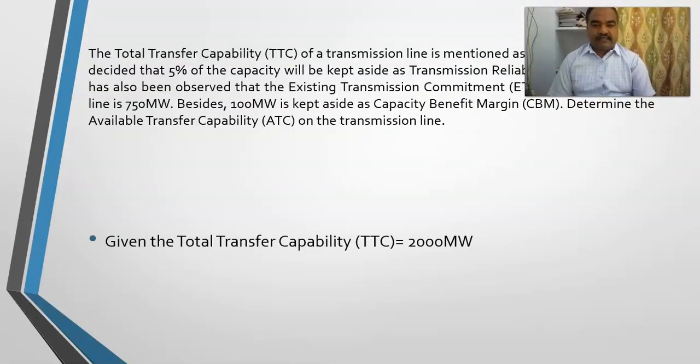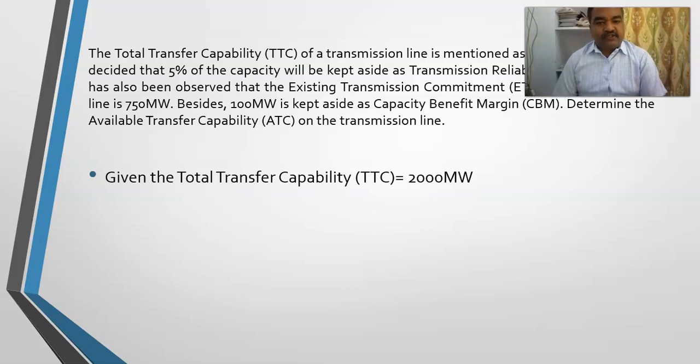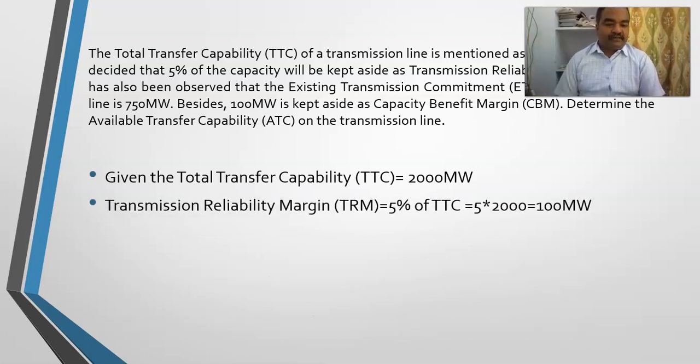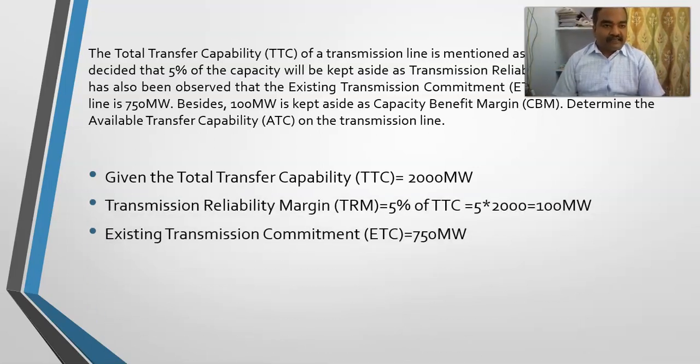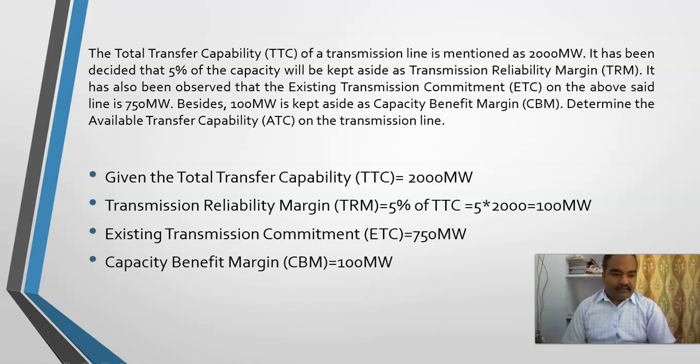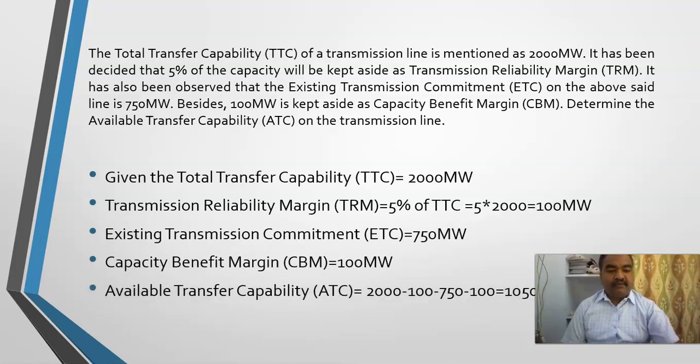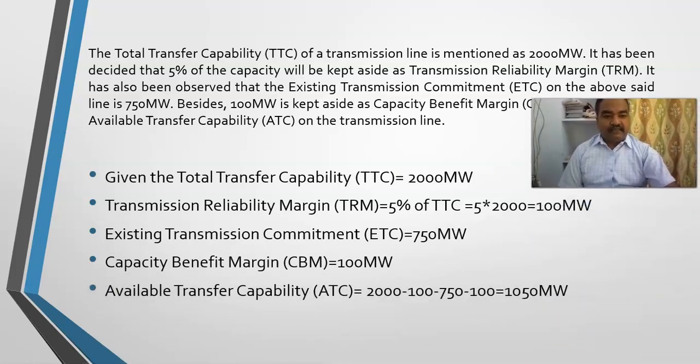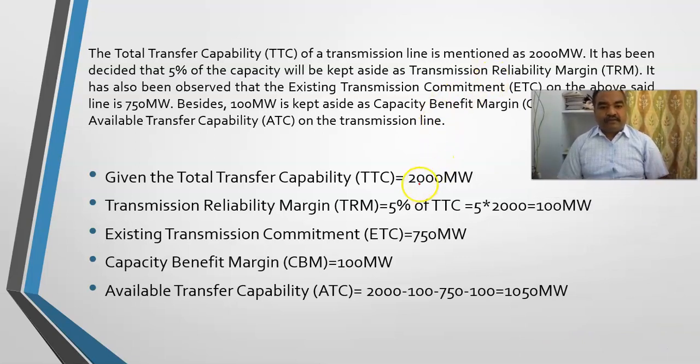Now you can see that the given TTC is 2000, TRM is 5%, ETC is 750, and CBM is 100 megawatts. So available transfer capability is TTC minus this one, minus this one, minus this one. So what will you get? 1050 megawatts. This is a simple calculation of ATC.